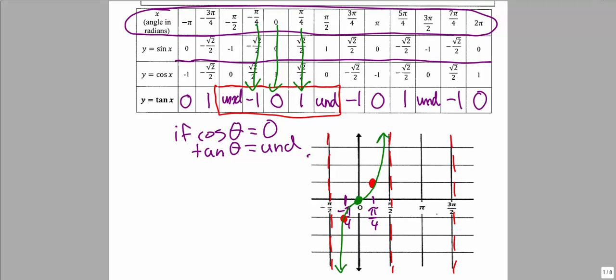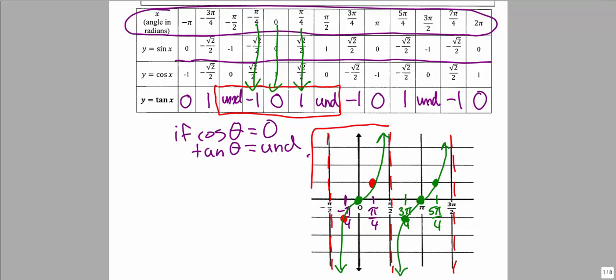So if I was going to graph another period between pi over 2 and 3 pi over 2, I would start at the midpoint at pi and plot my point at the very center, and then I would find the midpoint on the left, which would be 3 pi over 4, and the midpoint on the right, which would be 5 pi over 4. From the middle I would go to the right and up 1 unit, and to the left midpoint and go down 1 unit. And this would be another period of tangent.